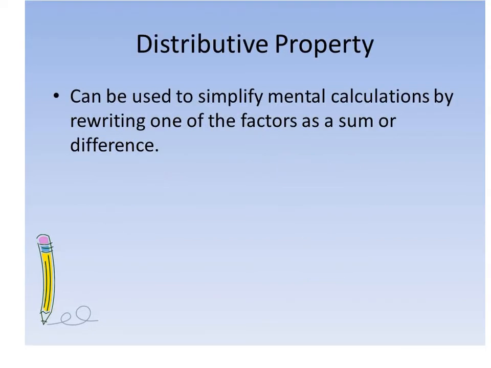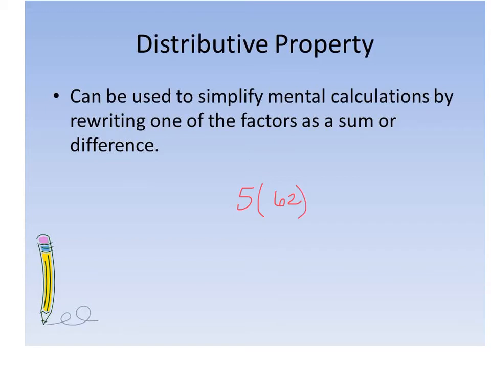So one real life use for the distributive property is it helps us to make mental calculations, something that we might not know. For instance, if I said what's 5 times 62?